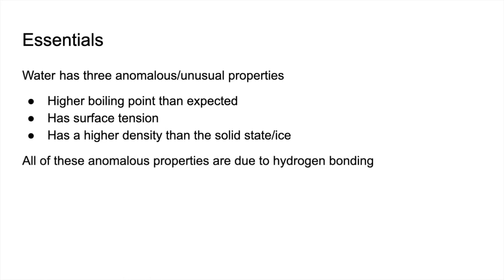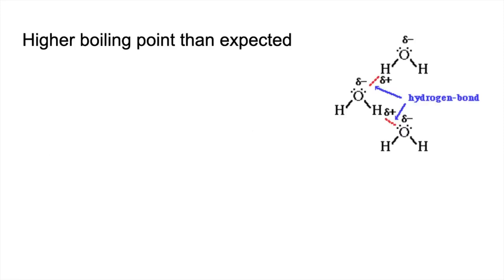So we're just going to take each anomalous property in turn and go into the detail as to why it occurs. So starting with higher boiling point than expected, we've got three H2O molecules on this diagram here. So we're just going to explain why we've got the hydrogen bonds between the molecules, and obviously I won't explain it again on the other two. So we've got a dipole across the OH bond. Oxygen's slightly negative because it's more electronegative than the hydrogen.